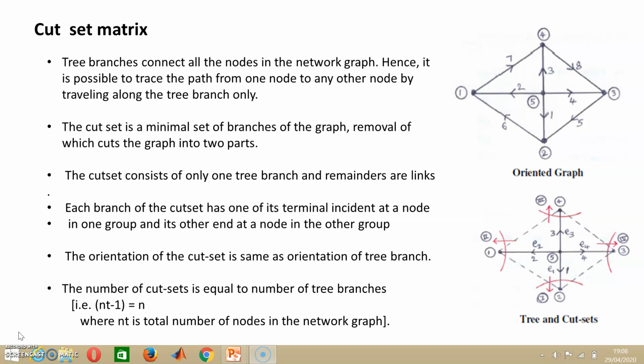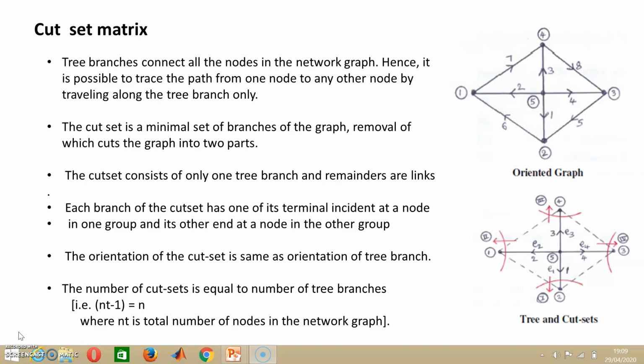So at node number 1, one tree branch is connected and the remaining 2 branches are links. They are also branches, but they are the branches of the co-tree. For example, at node 1, I can consider one cut set which has 3 branches connected all together. One of them must be a tree branch, that is branch number 2, and branches number 7 and 6 are also connected, so that becomes one cut set.